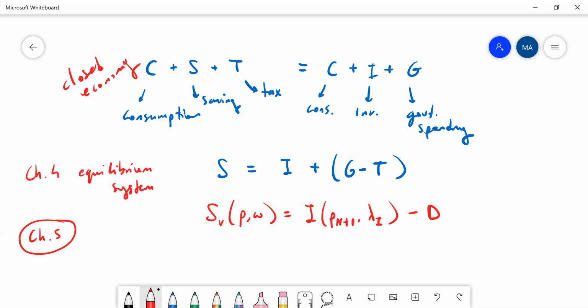I'm a bit disorganized today. Okay, after we discuss the end of chapter 4, the equilibrium system and the rest, we're going to start working on chapter 6. I'm passing chapter 5. So next week we're going to start working on social accounting matrices and calibration.